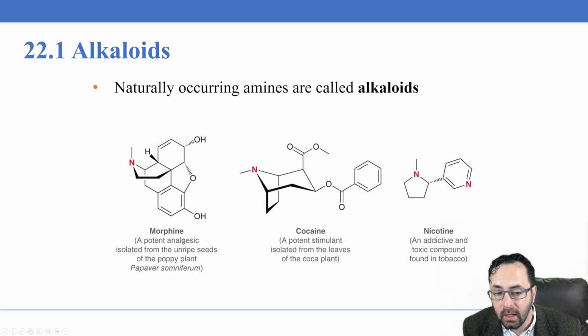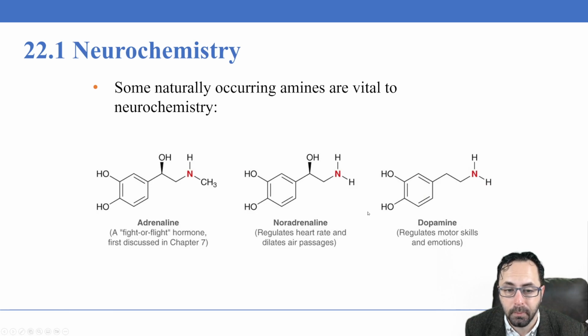In general, if you see the "ene" at the end of the common name of a drug, that is indicating that it has an amine group in it. And these are called alkaloids because, as we've discussed way back in Chem 212, nitrogen atoms very readily accept protons. They behave as bases. Their lone pair can go out and grab a proton, and that's going to be really, really important to the way that they react chemically.